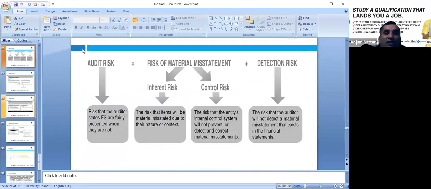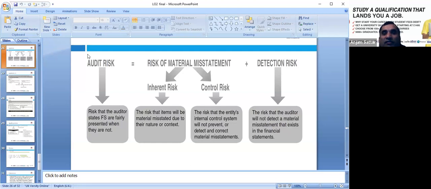So we discuss audit risk, which is the risk that the auditor states the financial statements fairly present when they do not. Inherent risk is the risk that there will be material misstatement due to its nature or contents, and control risk is the risk that the entity's internal control will not prevent or detect it. Why was there a 75 million shortfall in the pension fund of the Carillion construction company, which was liquidated? Why did auditors not highlight this, as with Enron?